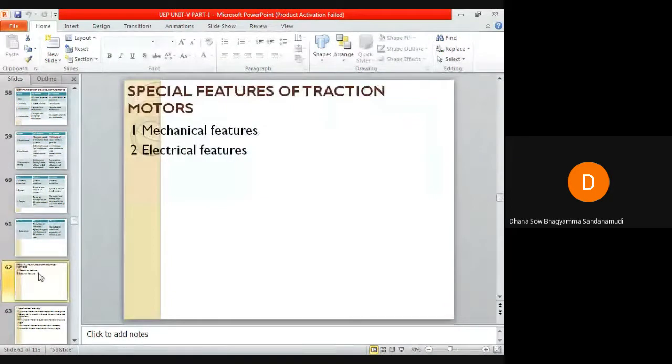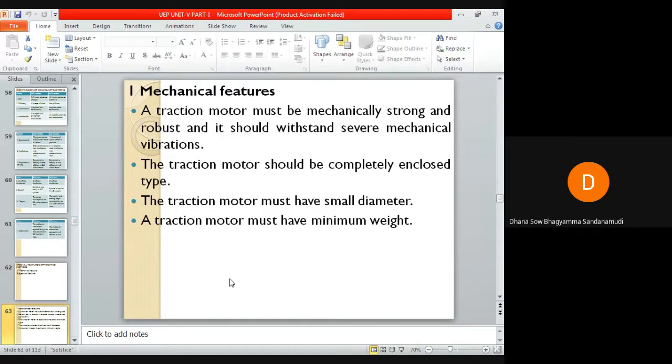So let us discuss some special features of traction motors. The general features of traction motors used for traction purpose are mechanical features and electrical features. It should be capable of withstanding severe mechanical vibrations.